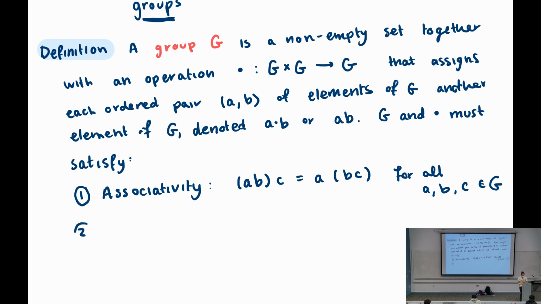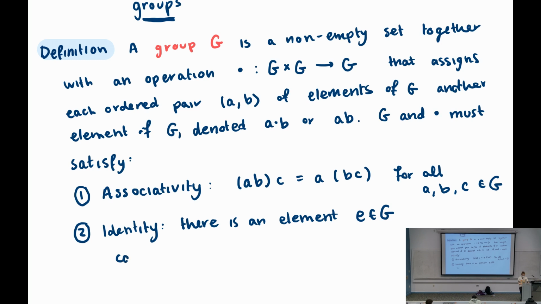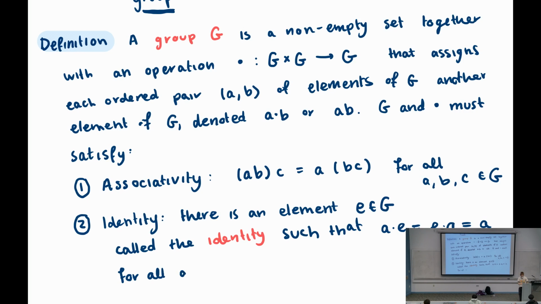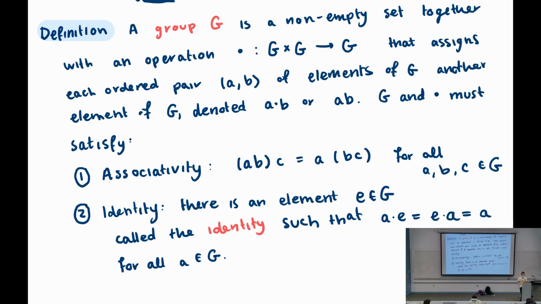The second one is the identity. So there is an element, usually denoted E, in G, called the identity, such that A times E is equal to E times A, and that's all equal to A. So basically multiplying by E doesn't do anything to A, for all A in G. And we will prove tomorrow or Wednesday that the identity is unique.